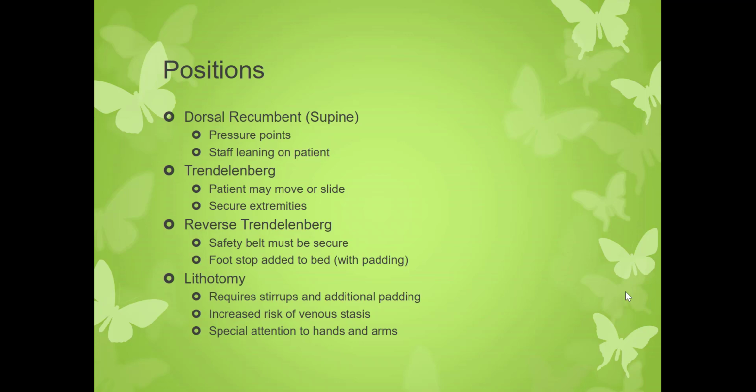You also have to worry about the staff, once they're draped out, leaning on the patient and putting pressure on them that way. Other things that you have to worry about: Trendelenburg. It's that same thing. I have a patient who is supine, but now I've tilted the head of the bed down. Well, I'm going to have a safety belt on them so they don't move or slide.